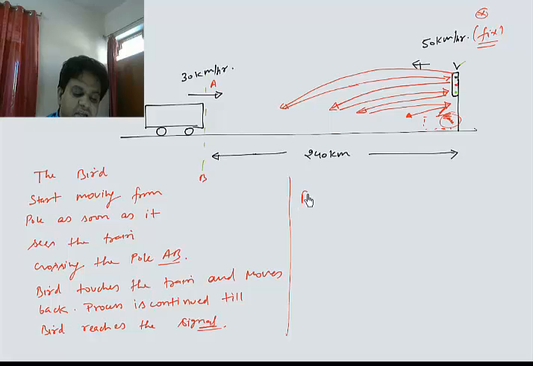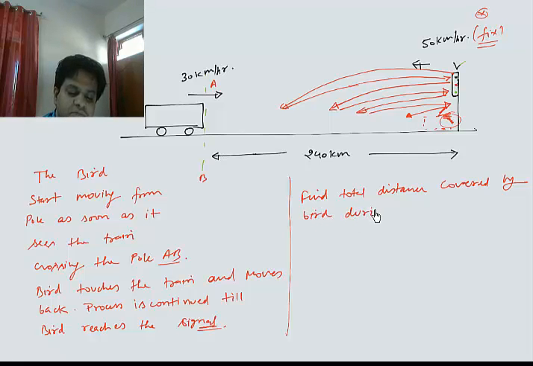So what we have to find is the total distance covered by the bird during its whole journey. We have to calculate the total distance covered by the bird. This total distance, the length of this total path, this is what we have to calculate.